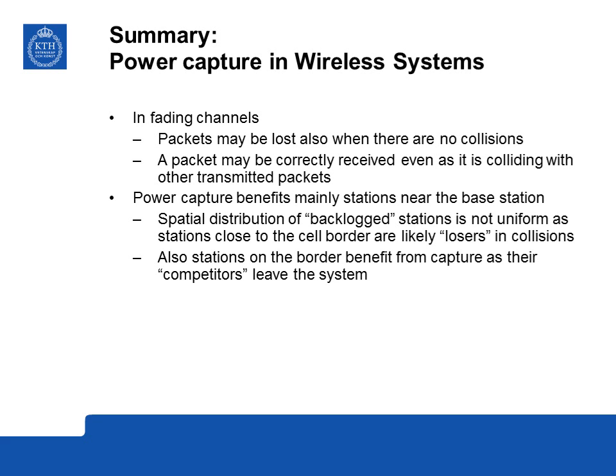And the power capture benefits, of course, mainly stations near the base station. The spatial distribution of backlogged stations is not uniform, as stations closer to the cell boundary are more likely to be losers and will have to keep on retransmitting their packets.